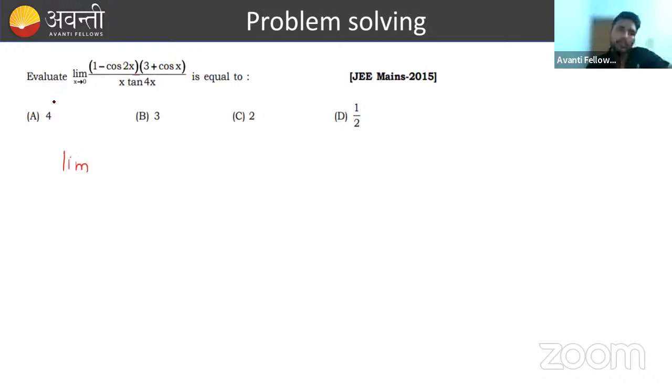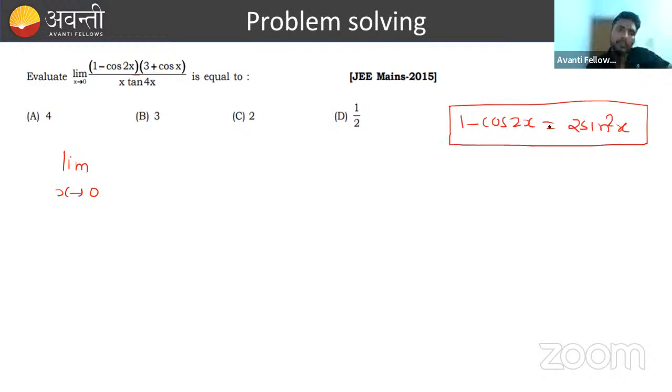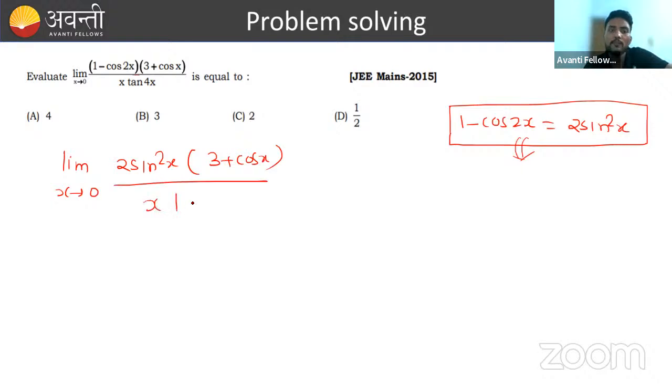In the previous class, I explained that whenever you see this kind of expression, 1 minus cos 2x, you can write it as 2 sin square x. Very famous formula of trigonometry. You can say this formula is the Virat Kohli of trigonometry, right? So same way, 1 minus cos 2x we can write as 2 sin square x. And this is 3 plus cos x, divided by x tan 4x.